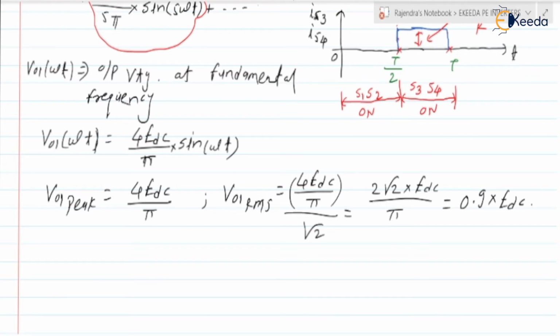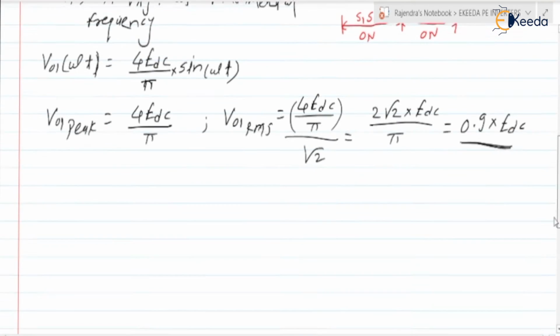So if you check the output voltage, v0 RMS, that is the RMS value of the total output voltage, it was EDC. And the RMS value of the fundamental is 0.9 EDC. So can we say that out of the total EDC, 90%, that is 0.9 EDC, is due to the fundamental.